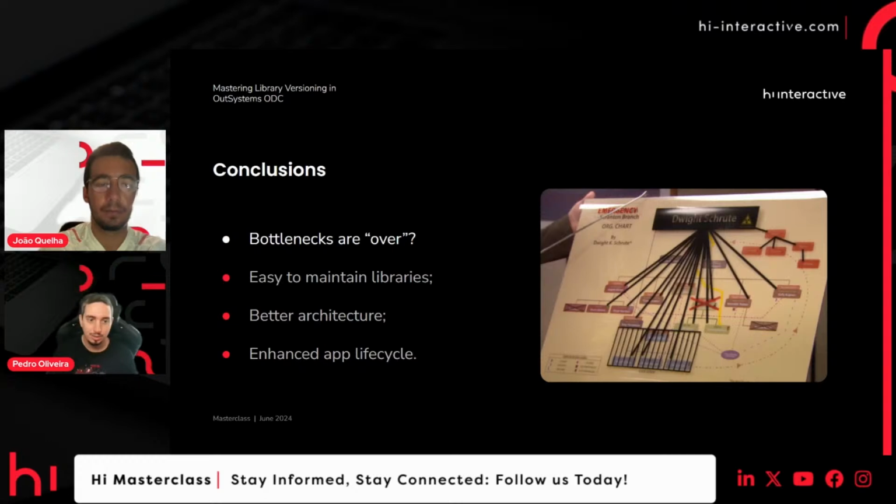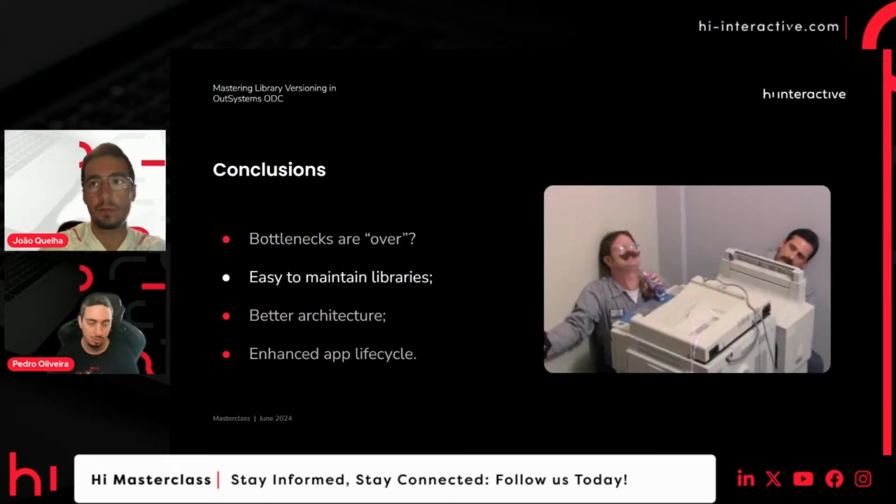As you saw, it's very easy to maintain libraries, and very easy to maintain applications that are consuming those libraries. With a couple of clicks, we can decide if we want to ignore or apply changes. It's very easy to send everything to production because everything is inside the ODC portal.